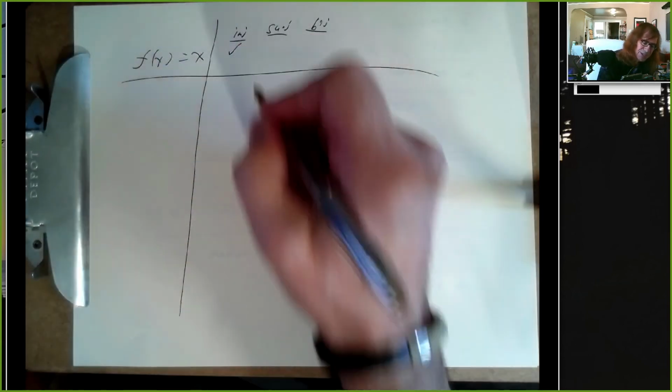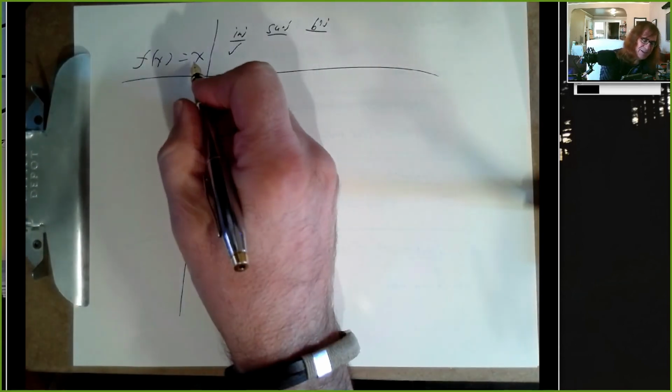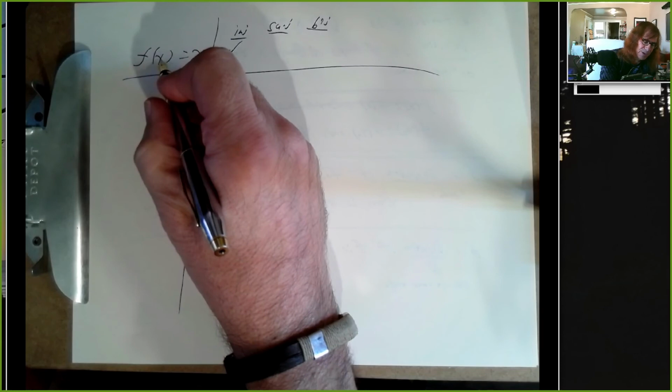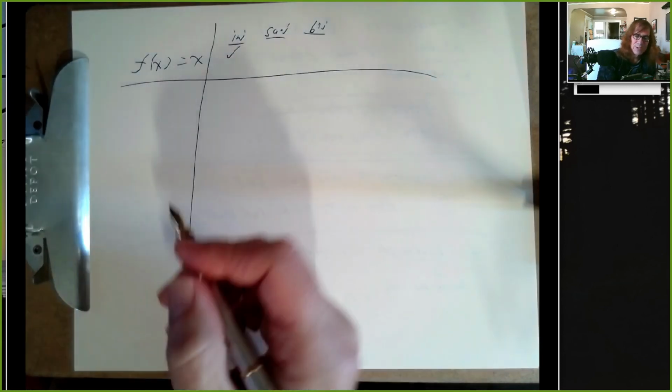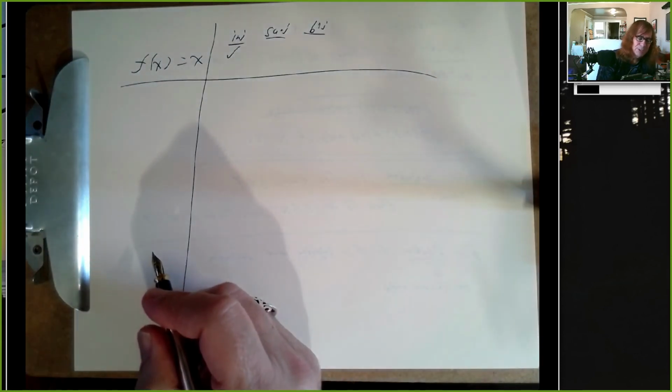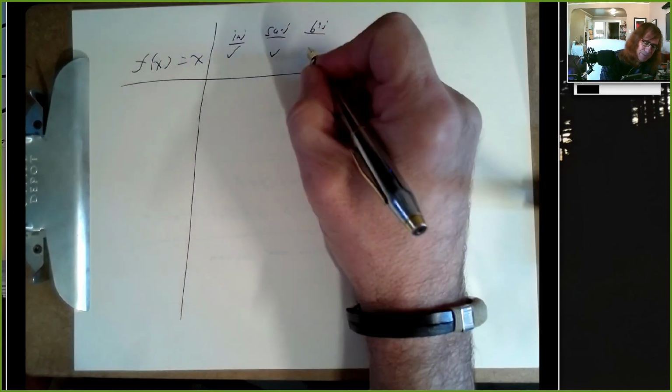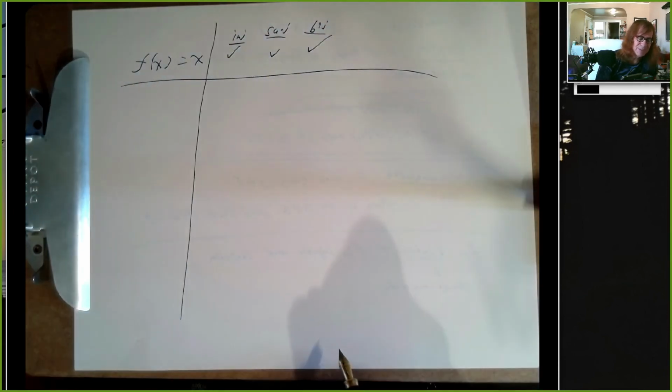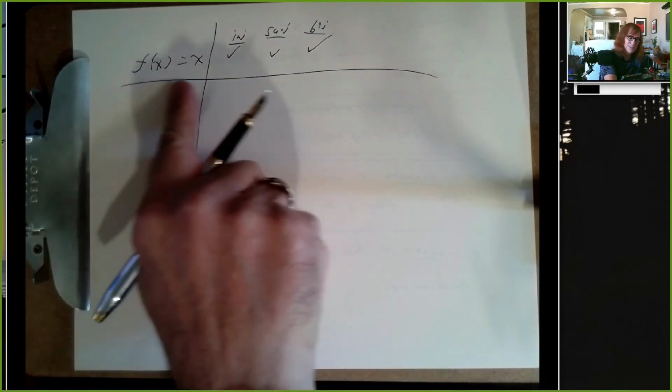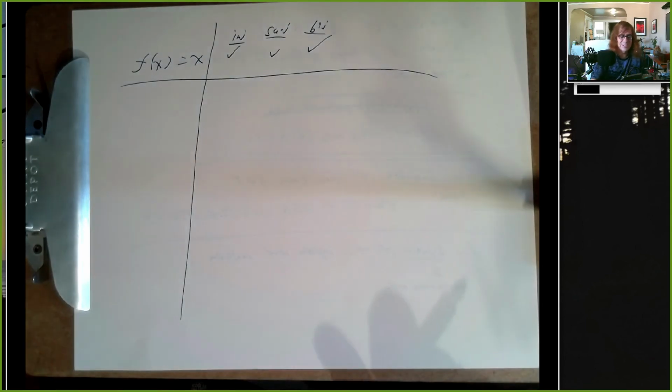It's surjective because any number x is mapped to by something, in particular x. And so it's also bijective. Now in general, we need to be careful about what the domain and codomain are. For pretty much any reasonable domain and codomain, this is always going to be true. But let's get specific.